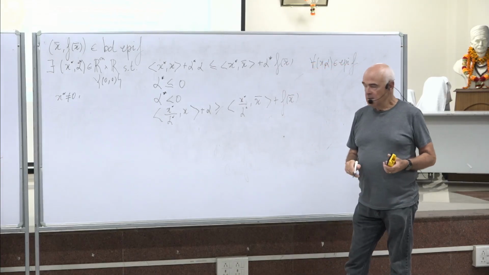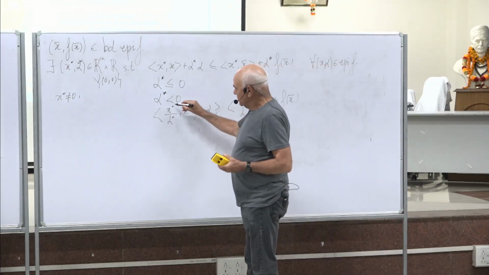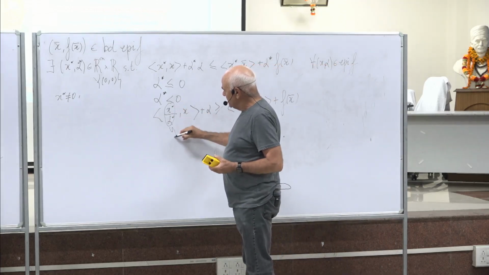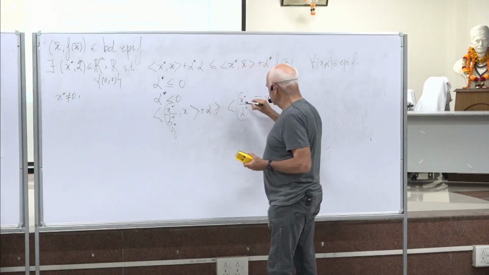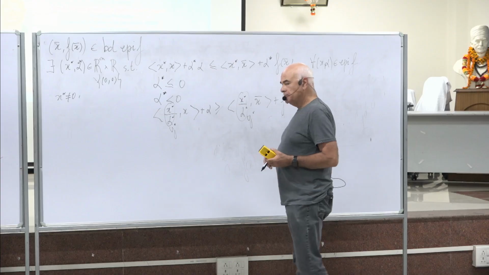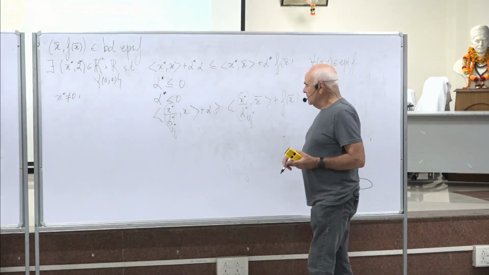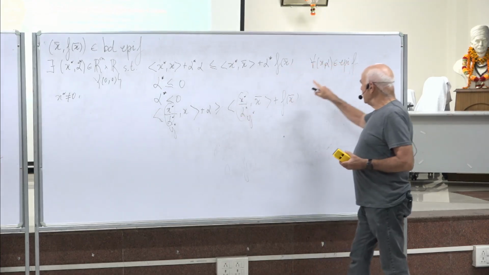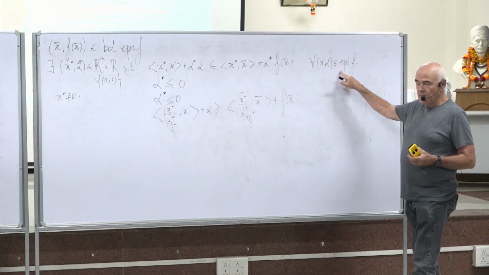Okay? Call this vector y star. This inequality is satisfied for every x, alpha in the epigraph.